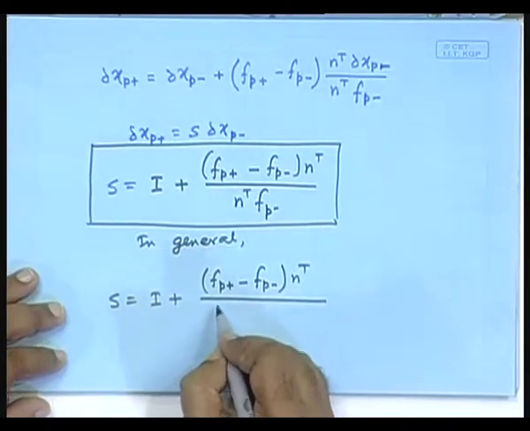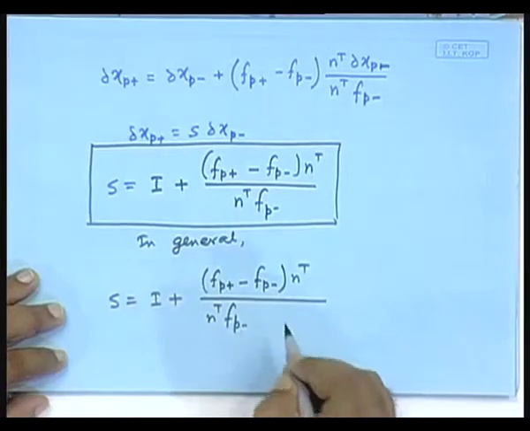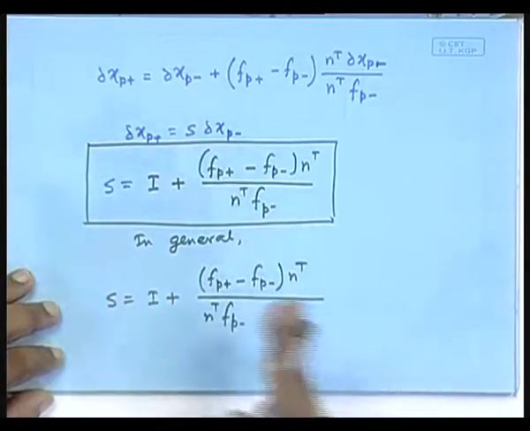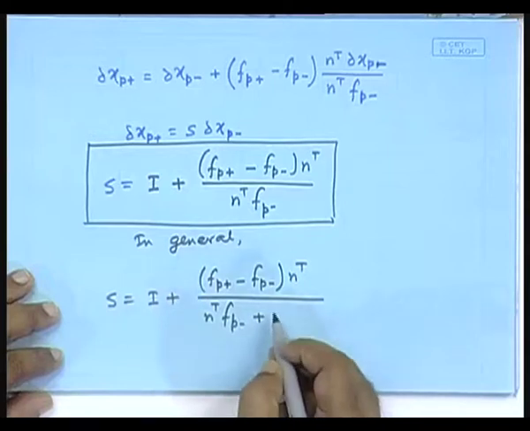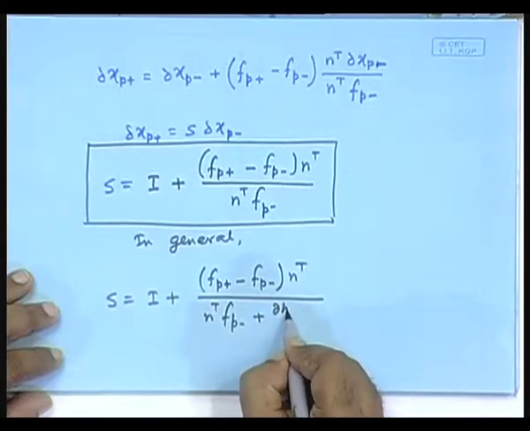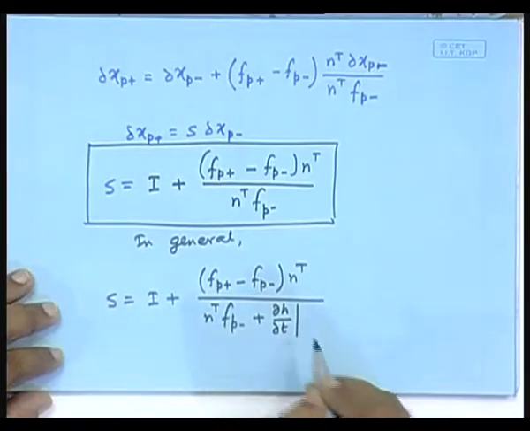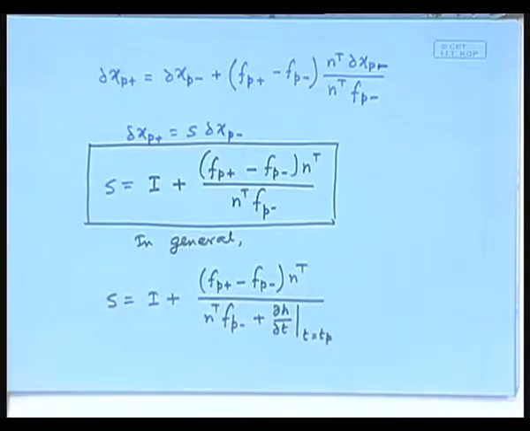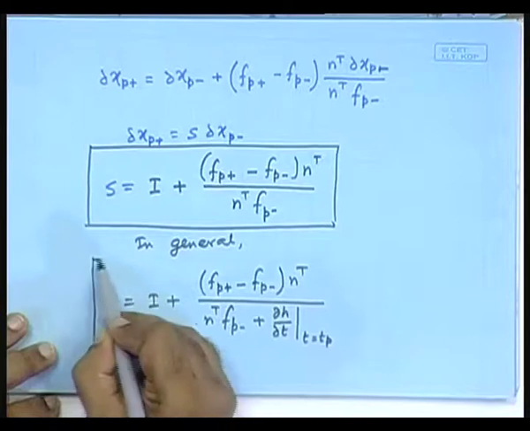Here it will be same thing, n transpose f p minus, but additionally there will be one term that relates the rate of change of the switching surface. So, it will be the partial derivative of the switching surface with respect to time calculated at t is equal to T p. So, this is the total final expression for the saltation matrix.